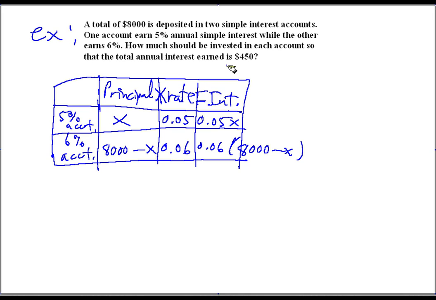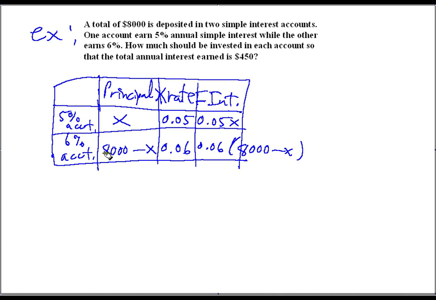Now it says the total interest is $450. So how do I go about getting the equation, if you will? Let's look at the interest for the 5% account, that's 0.05x.